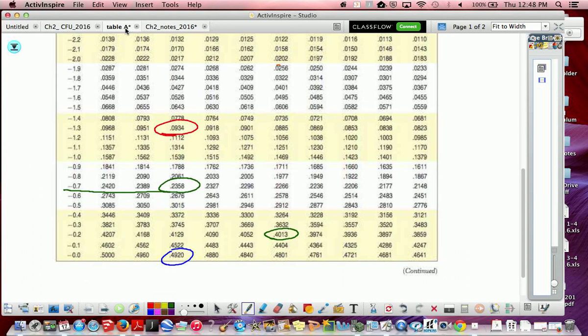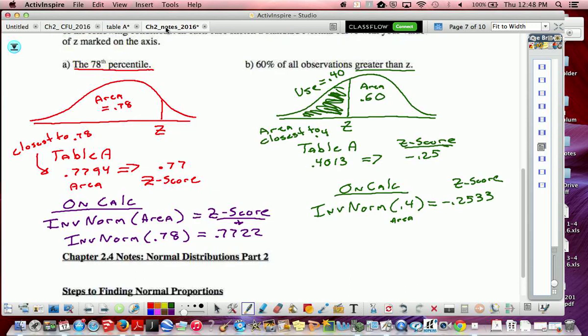So when I go to table A, I'm looking down here, what is the z-score that corresponds to it? And it was negative 0.25. The nice thing about the table is, it gets you a 2 decimal answer pretty quickly. It's not too hard to use. It's not exact because you have to kind of round it. The calculator is nice because it'll give you the exact value for you.